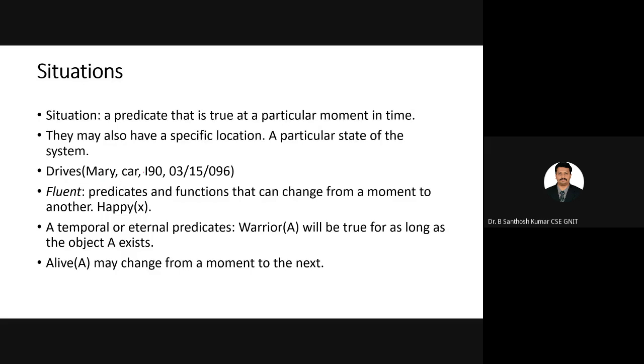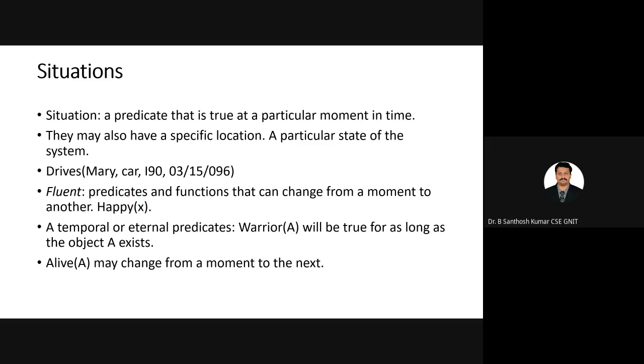She drives the car at 190 kilometers speed on the 15th of March 96. It is one type of insurance data. Suppose that particular person's car met with an accident, we have to get the details from the insurance. For that they keep the data in a form like this.